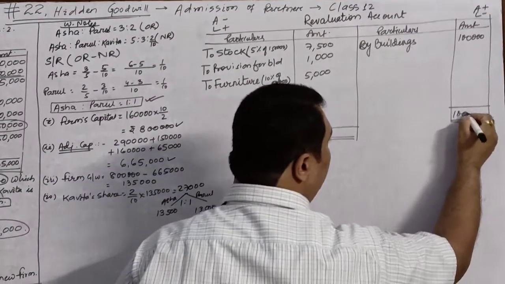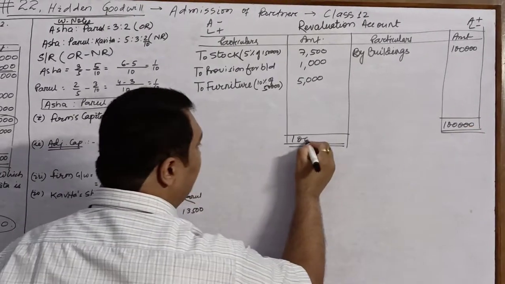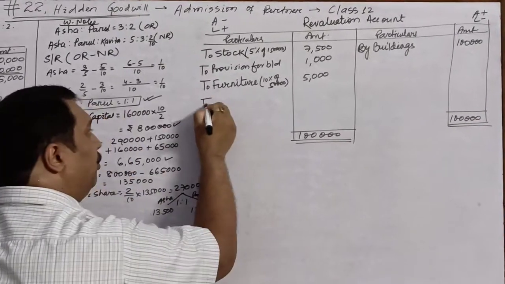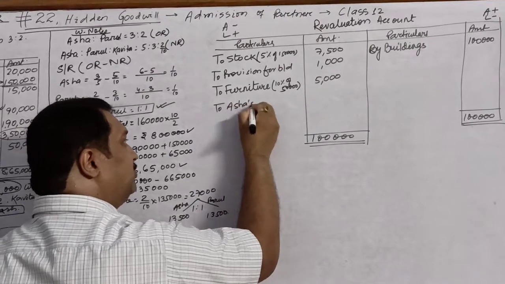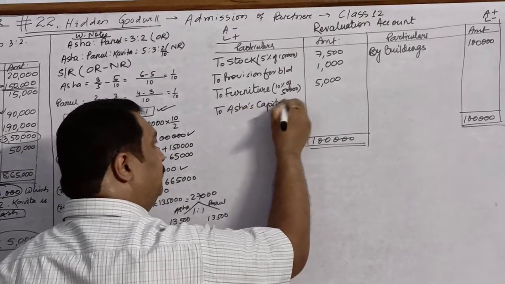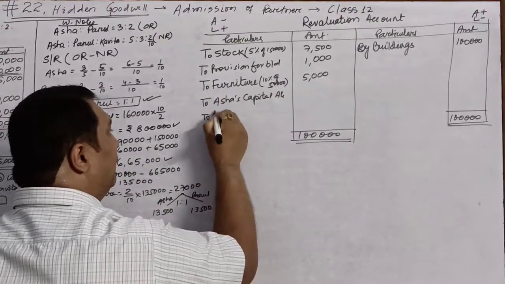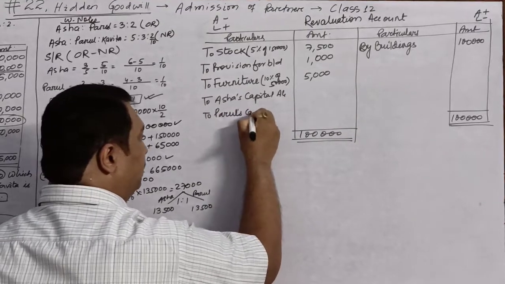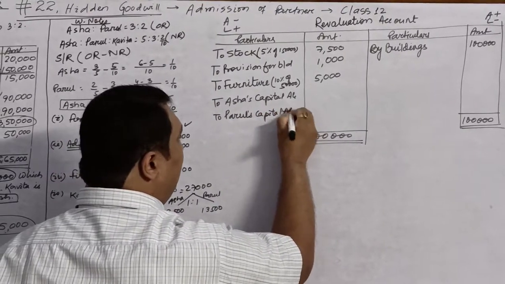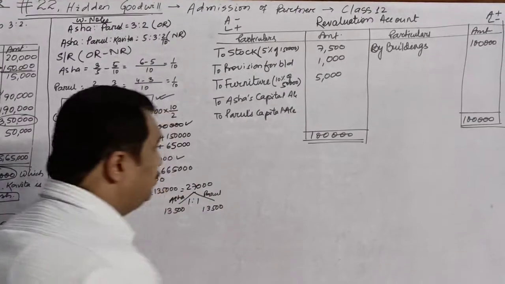So we will balance first. And then we will distribute it amongst the old partners. To Asha's capital account, to Parul's capital account. It will be distributed in the old profit sharing ratio.